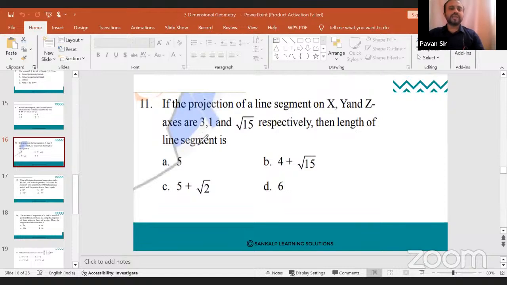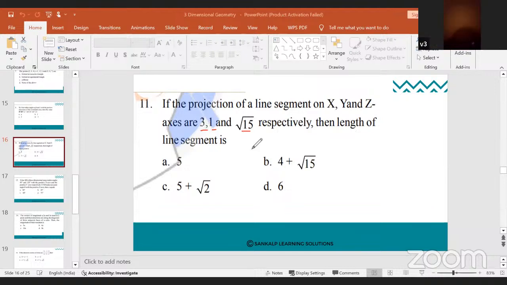If the projections of a line segment on the x, y, and z axes are 3, 1, and root 15 respectively, the length of the line segment is: option A is 5, option B is 4 plus root 15, option C is 5 plus root 2, option D is 6. The projections of the line segment are x is 3, y is 1, z is root 15.